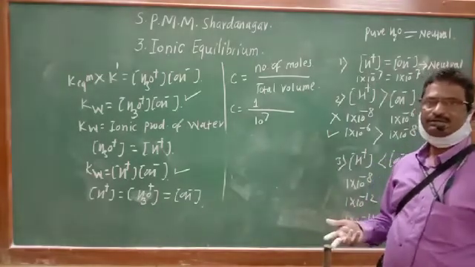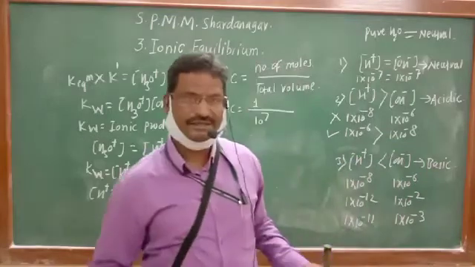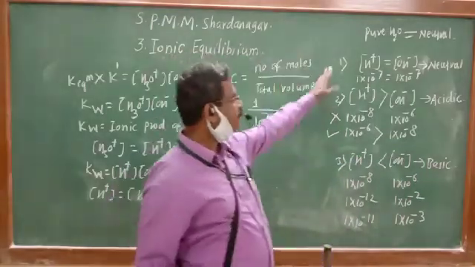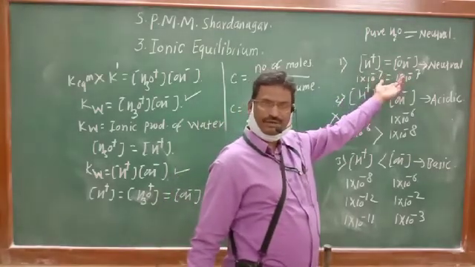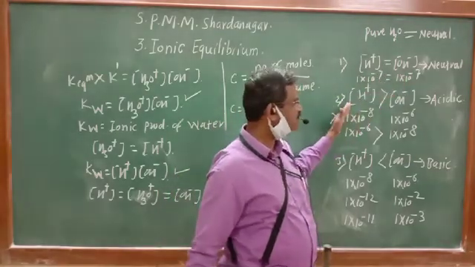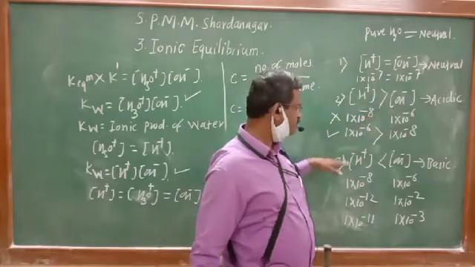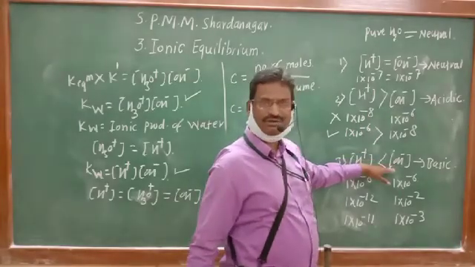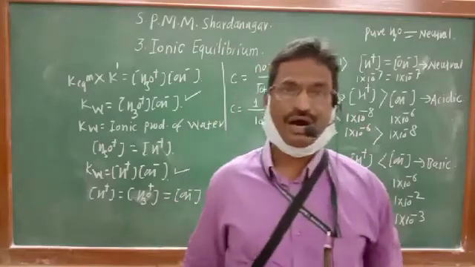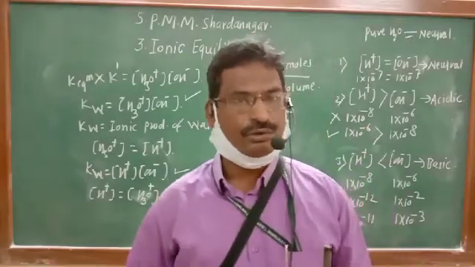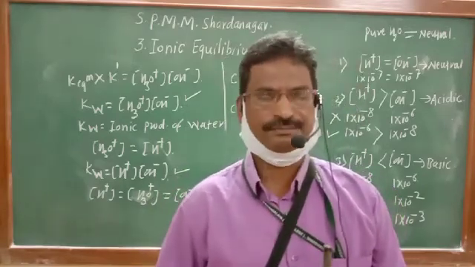Based on that, we can classify the solutions as neutral, acidic and basic solutions. Whenever H plus ion concentration is equal to OH minus ion concentration, it is a neutral solution. If H plus is greater than OH minus, it is an acidic solution. If H plus is less than OH minus ion concentration, it is a basic solution. So solutions are classified as acidic, basic and neutral on the basis of the ionic product of water.